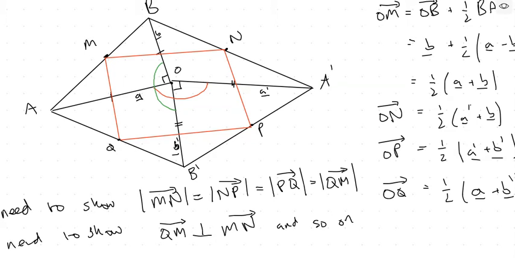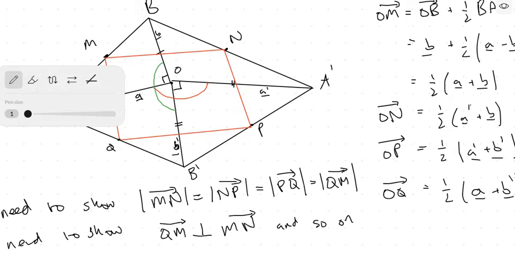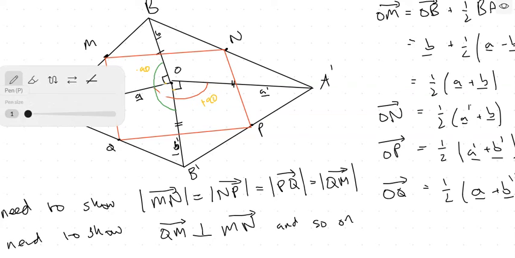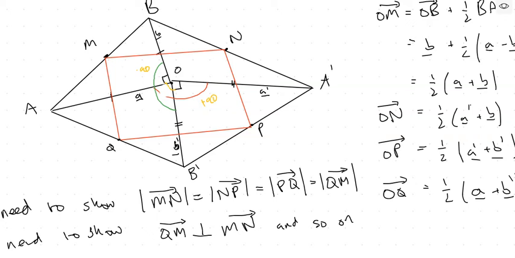But hopefully that should be quite easy, because if we call this one theta, then the green one is theta plus 90. Actually, no, I've already used theta, so I'll call it alpha. So alpha plus 90, alpha plus 90.